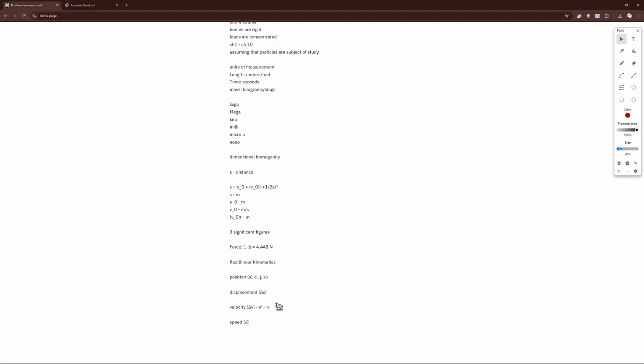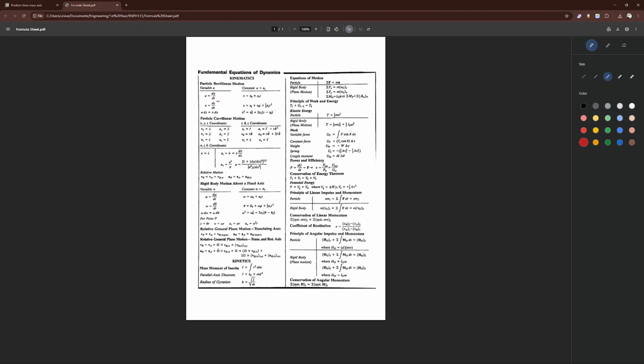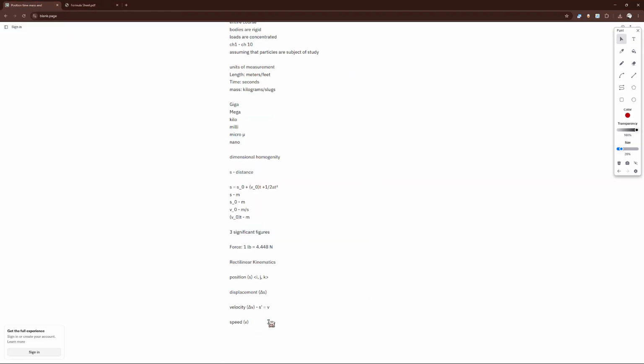You need to know these derivatives, by the way, and we have them listed here as well. V is ds/dt. A is dv/dt. So velocity is S prime, which is equal to V. Same thing with speed.